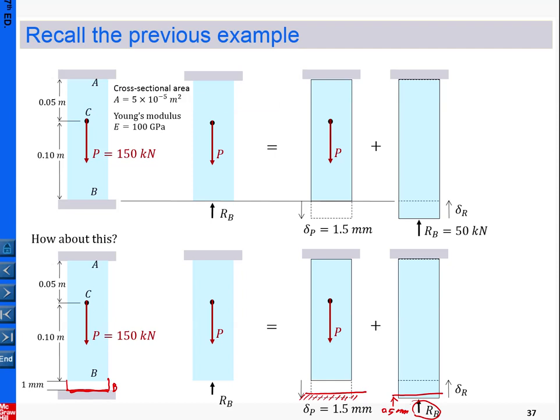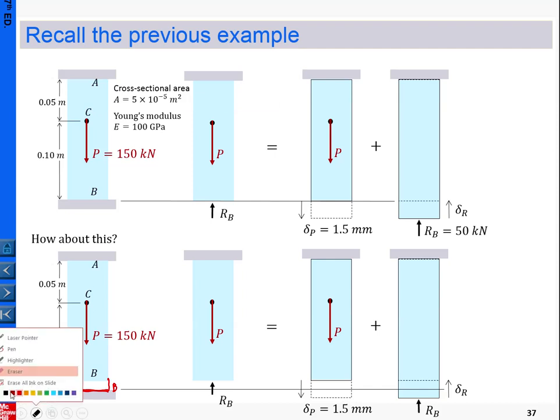So that is the difference between the two systems here. Let me erase this one. Again, to maintain end B at the constraint, the role of RB is to push back by how much?